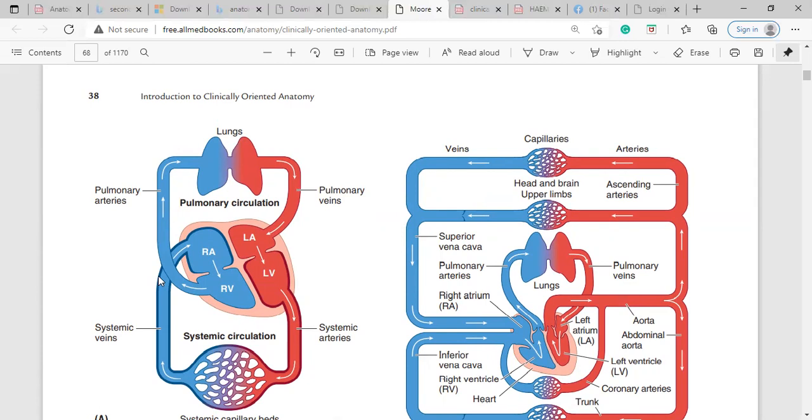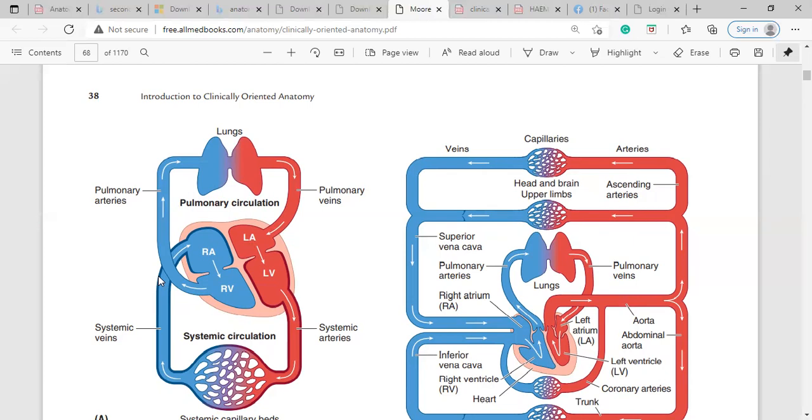Now, tell me about the systemic circulation. The systemic circulation is from the left ventricle, then passes through the systemic arteries, then to the systemic capillaries, then we end in the right atrium. The right atrium. Good. So which of these two circuits contain oxygenated blood?